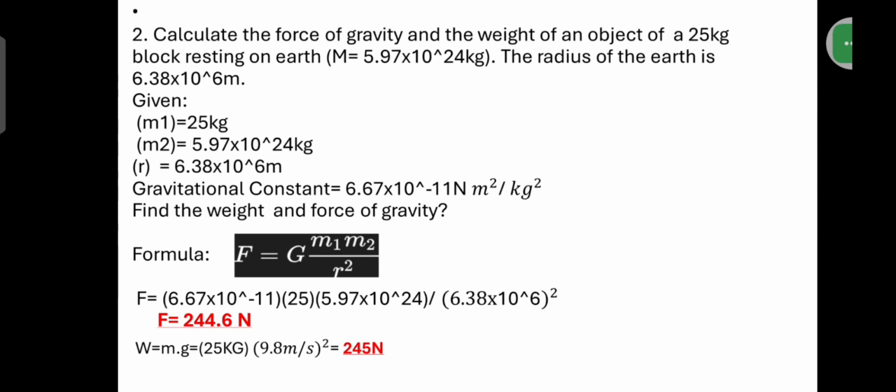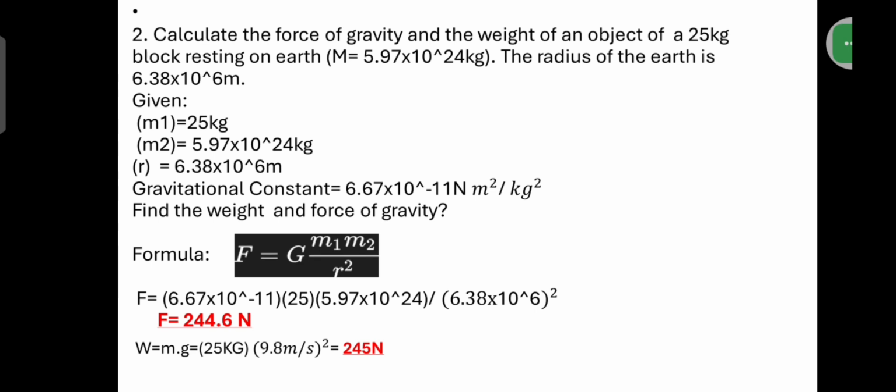Our given is M1 is equal to 25 kilograms and M2 is equal to 5.97 times 10 raised to the power of 24 kilograms, and our radius is 6.38 times 10 raised to the power of 6 meters. Our gravitational constant is equal to 6.67 times 10 raised to the power of negative 11 N·m squared over kilogram squared. Find the weight and the force of gravity.